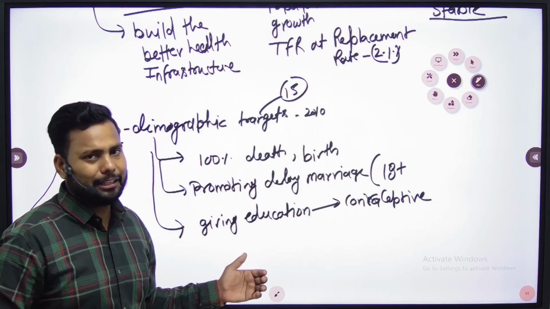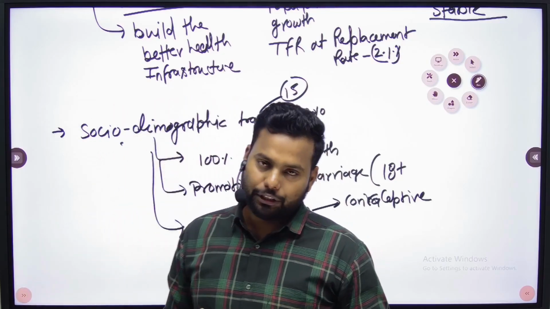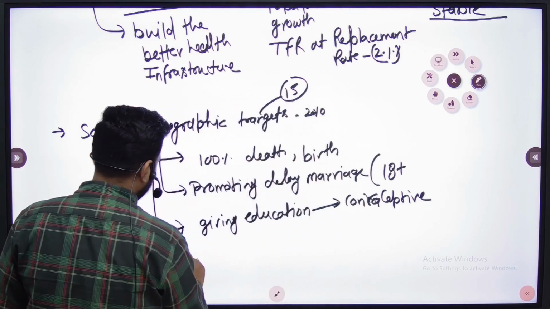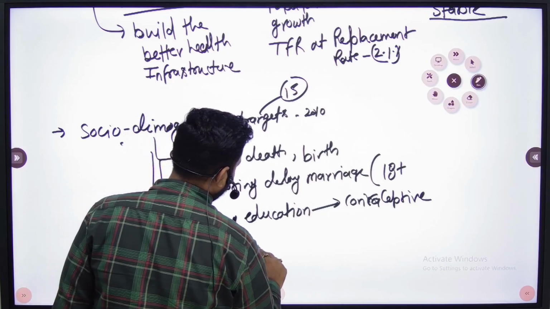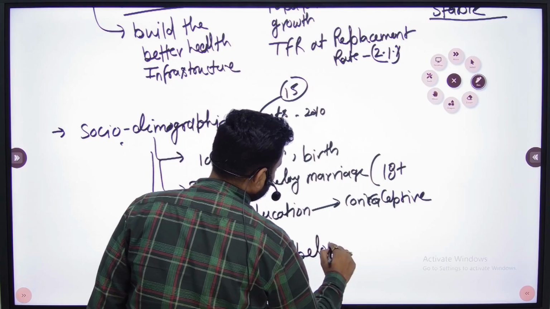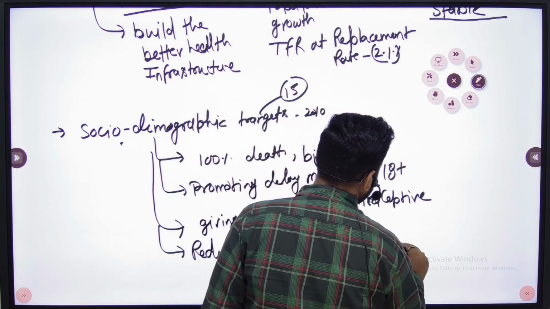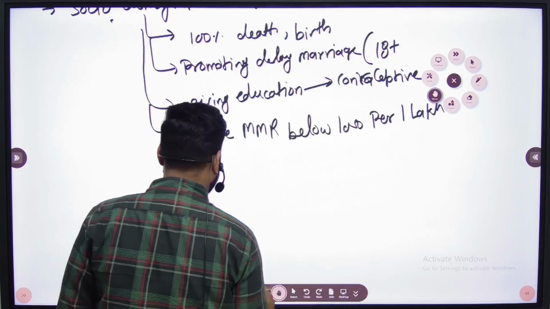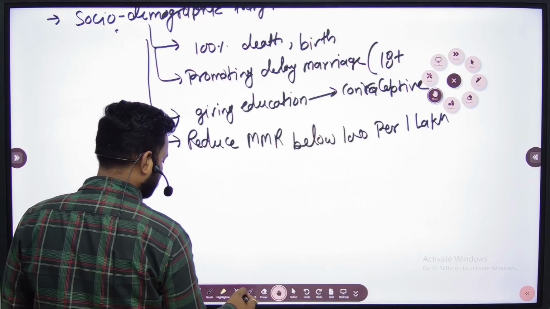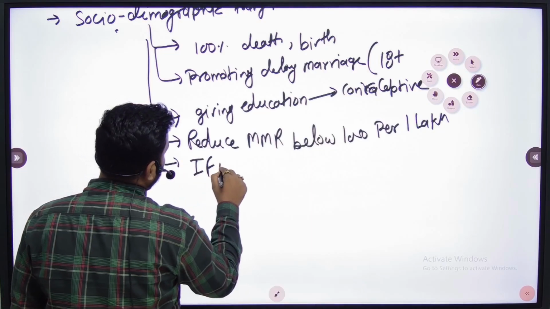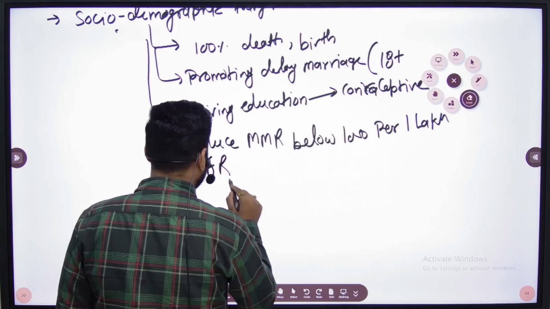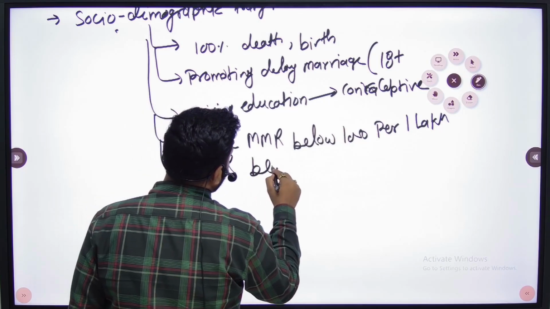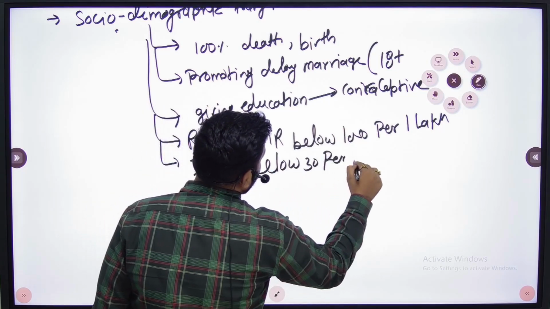Ensure the availability of contraceptives, promote delayed marriage, achieve universal immunization of children, reduce MMR below 100 per 1 lakh, and reduce the infant mortality rate, IMR, not IFR, below 30 per 1000.